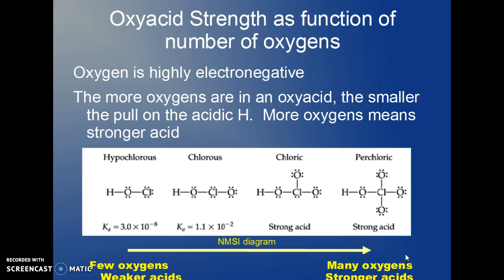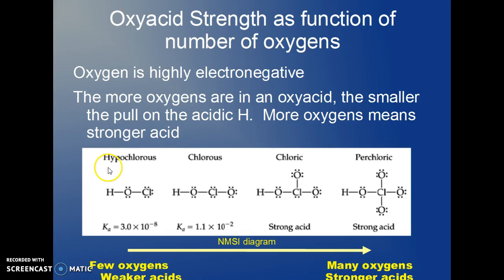Now, as a function of the number of oxygens in a molecule, we know oxygen is highly electronegative. So the more oxygens are in an oxyacid, the smaller the pull on the hydrogen that is coming off as the Bronsted-Lowry acid. More oxygens means a stronger acid.